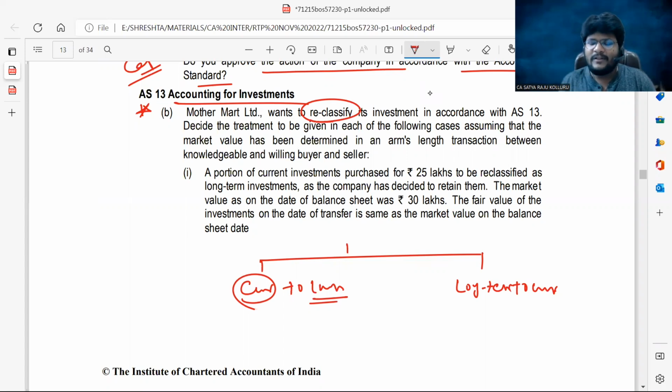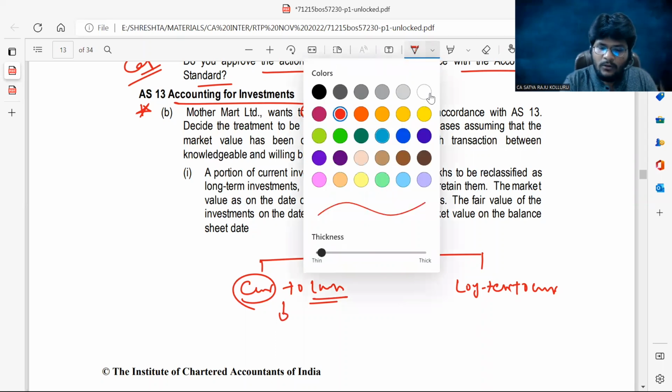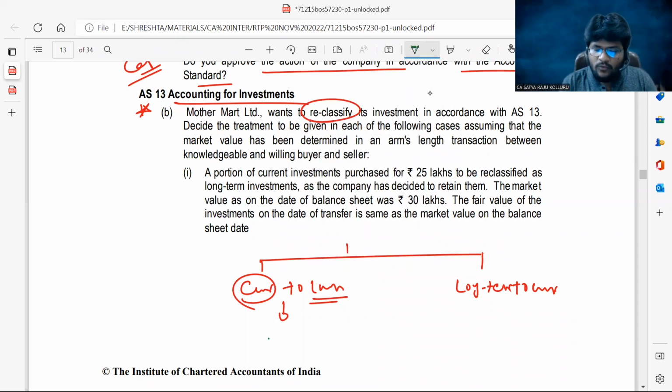That market value is nothing but fair value. That's why you can take a chance to value the investments right now by comparing the fair value with the cost. Whichever is lower, at that price you can carry forward. That means current to long term: the investment needs to be valued at cost or fair value, whichever is lower.